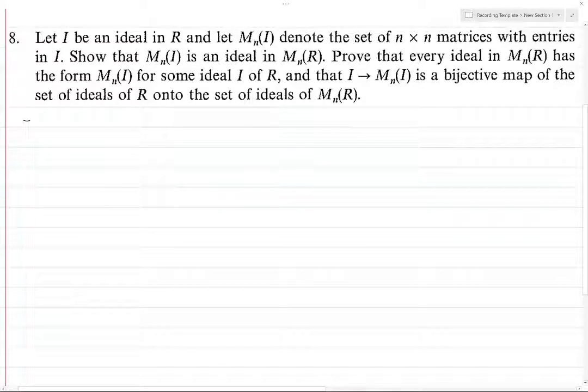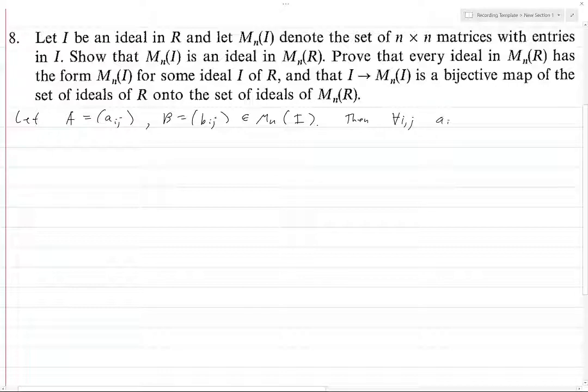So let A be a matrix, and B also a matrix, these both in M_n(I). Then for all i and j, a_ij and b_ij are in I by definition.